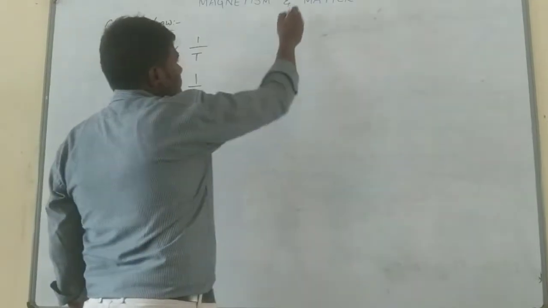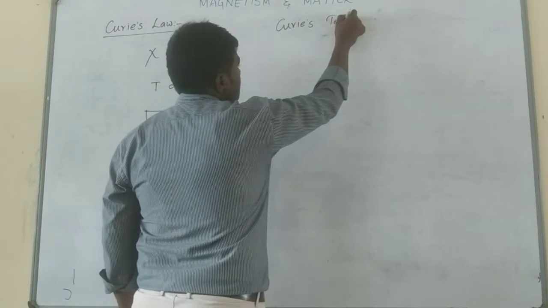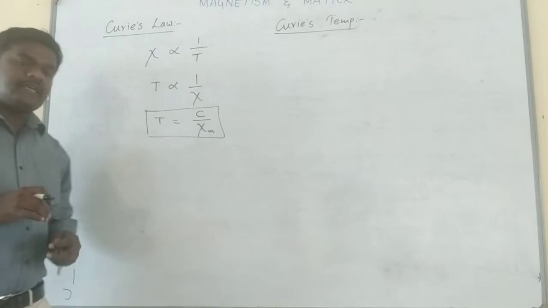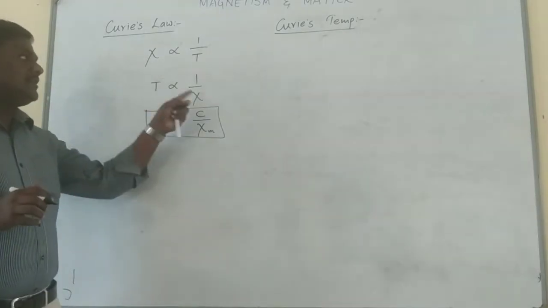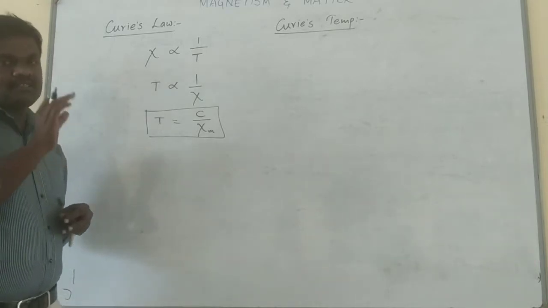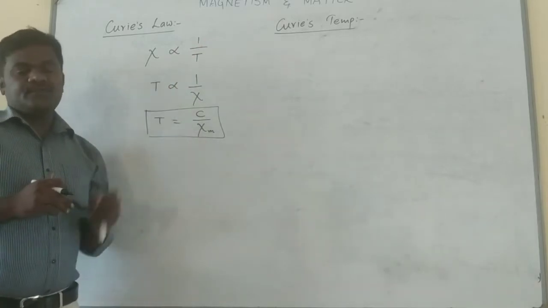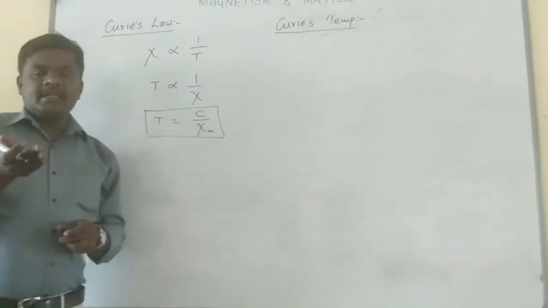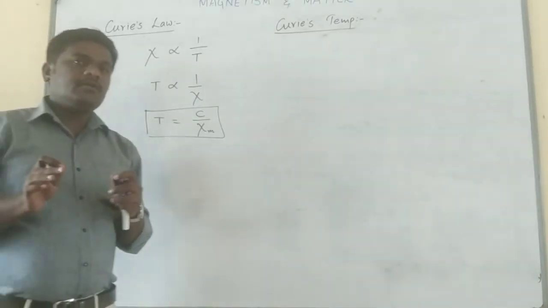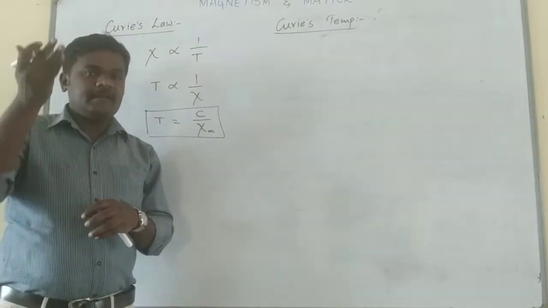Now, what is Curie temperature? See, for both paramagnets as well as ferromagnets, magnetic susceptibility is inversely proportional to the temperature of the concerned material. If you take the same rule in the case of ferromagnets, if you start increasing the temperature up to a certain extent, ferromagnets will not lose their property; they will remain ferromagnets even if you are increasing the temperature.